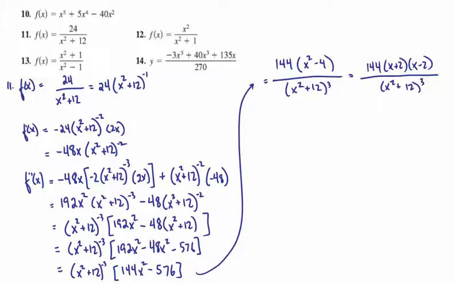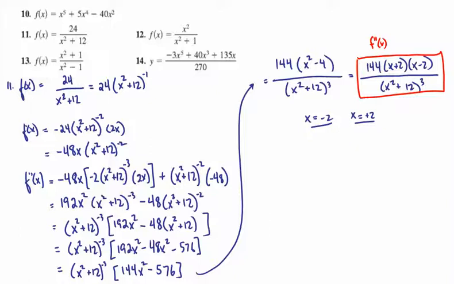Now, you recall, this is our second derivative, that a rational function is 0 when its numerator is 0. So we have two potential points of inflection here, x equals negative 2, x equals positive 2. We don't have to worry about the denominator.